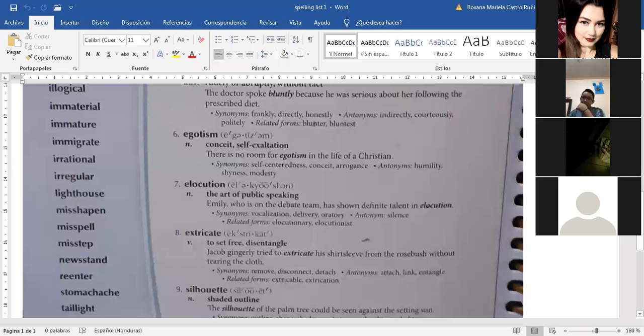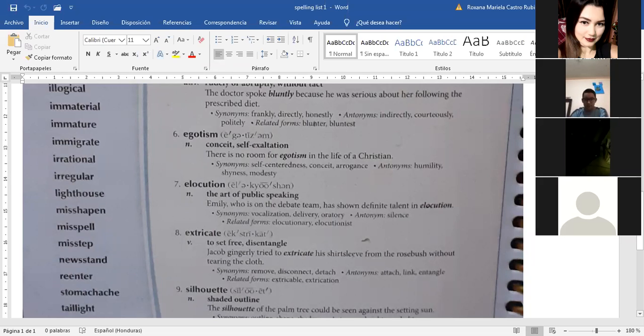The sentence is: Emily, who is on the debate team, has shown definite talent in elocution. Synonyms, vocalization, delivery, exactly.